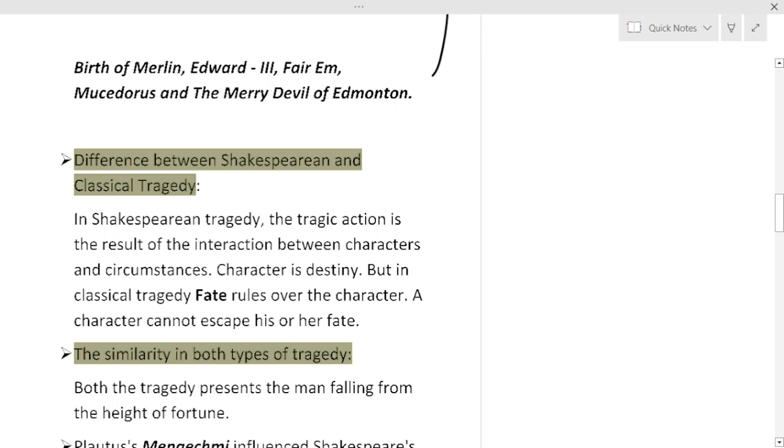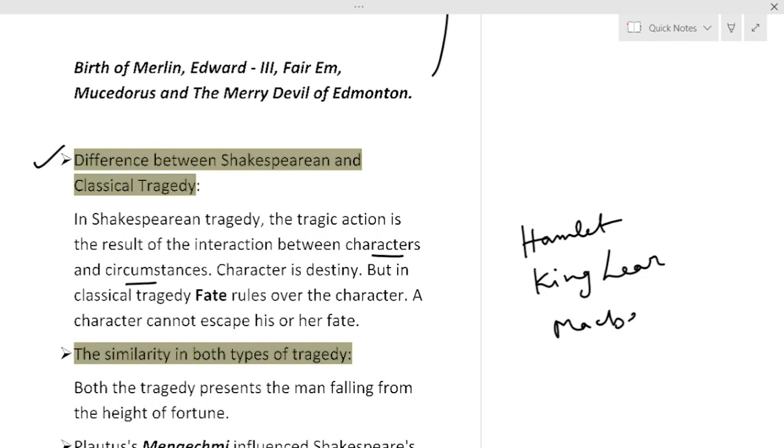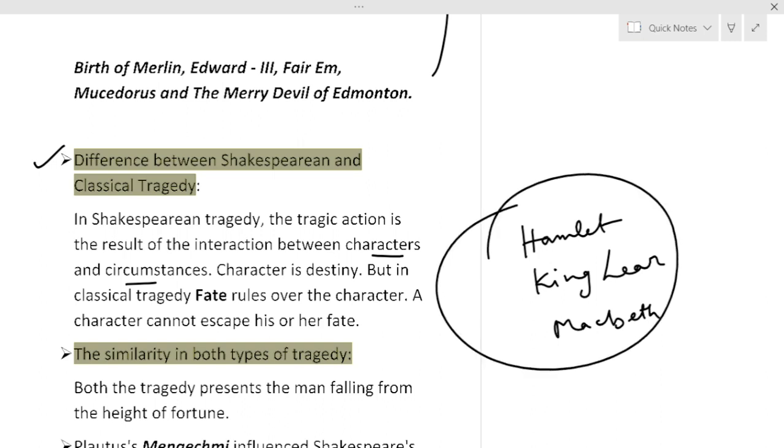Now we'll have a look at the difference between Shakespearean and classical tragedy. In Shakespearean tragedy, the tragic action is the result of the interaction between characters and circumstances. In Hamlet, King Lear or Macbeth, everywhere you will find that their tragedy is the result of their situation, the clash between character and circumstances.